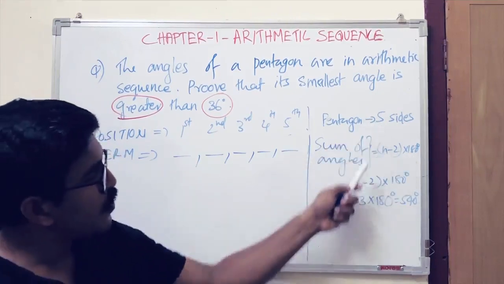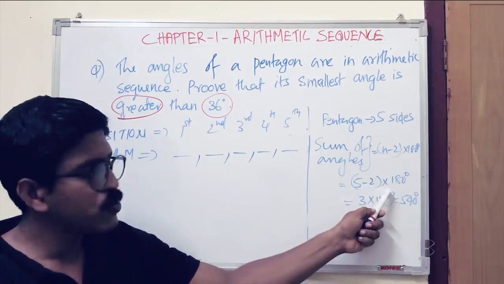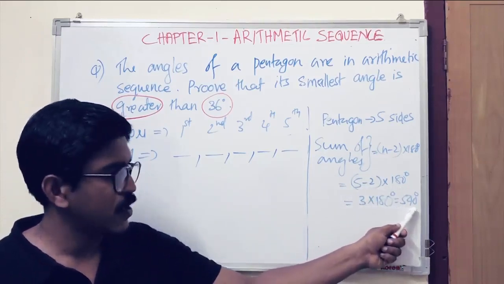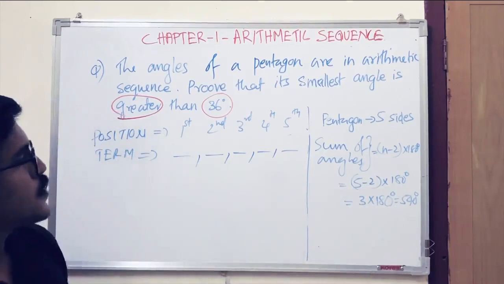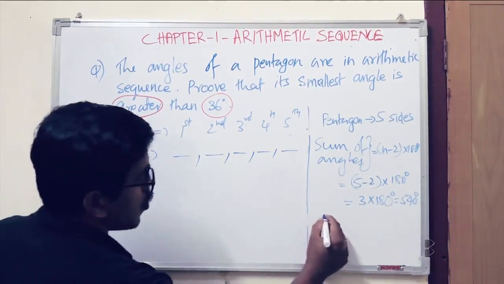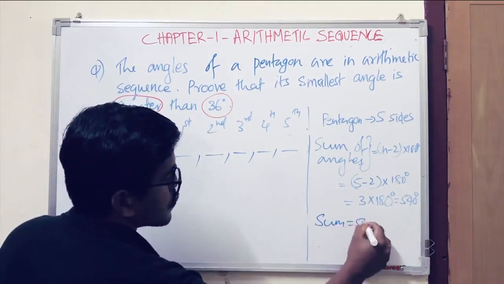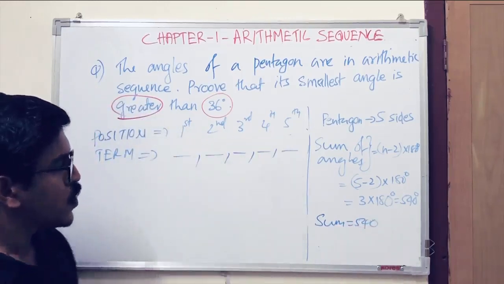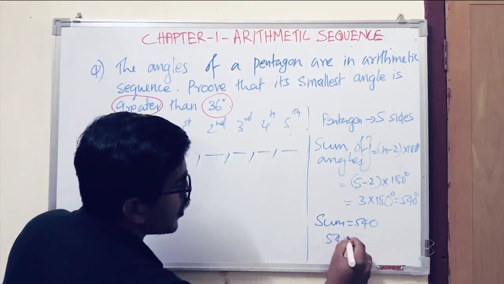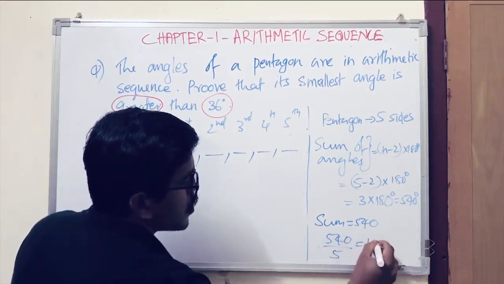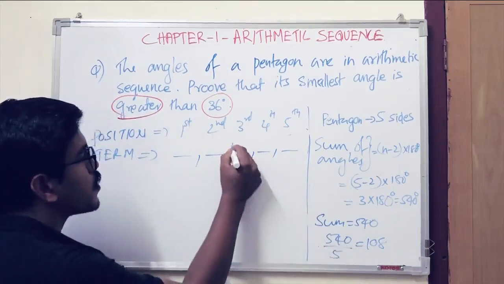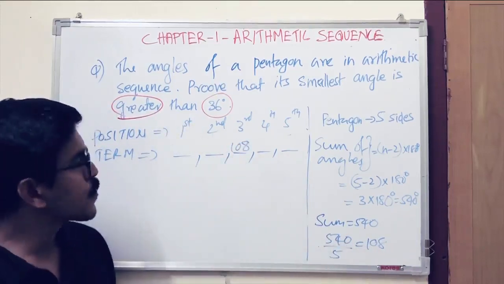Here n = 5, then (5 - 2) into 180, that is 3 into 180, 540 we will get. That is the sum of angles is 540. And we have 5 terms here. So sum divided by number of terms is the center number. That is 108 will be the center number.